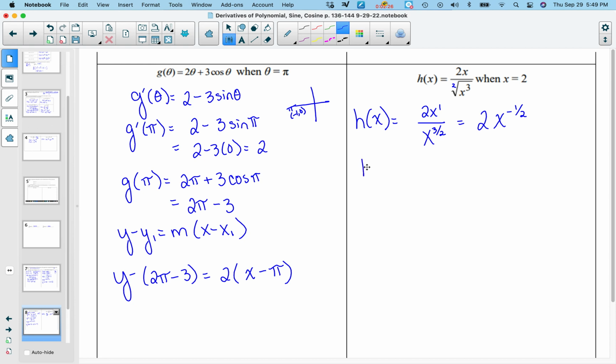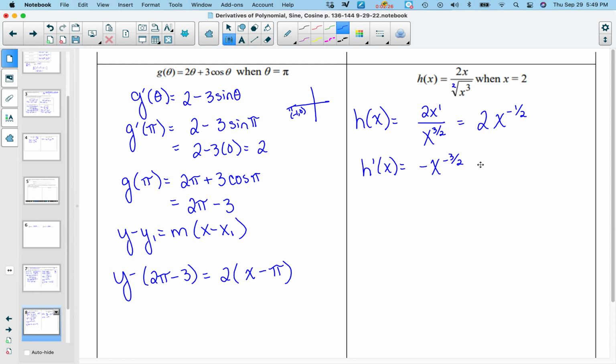Then if I want to find h prime of x, I'm going to use the power rule. So we're just going to multiply negative 1/2 times 2. So I get negative 1. And then x to the, subtract 1 from that, so we get negative 3 halves. So that is my derivative.